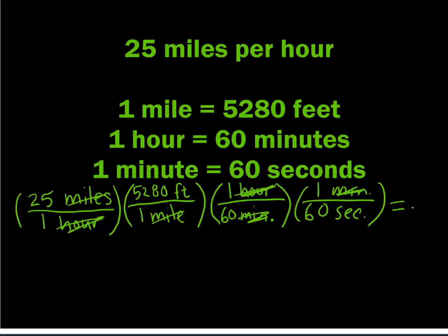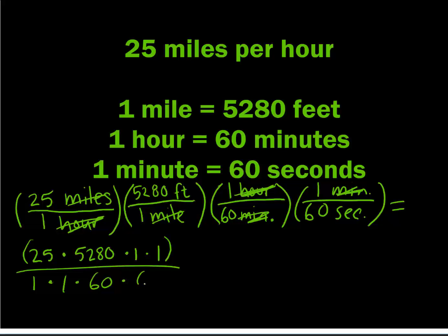So as we do the multiplication along the top, we have 25 times 5,280 multiplied by 1 and multiplied by 1. So let's do that. 25 times 5,280 times 1 times 1 again. That's going to be on the top. And then on the bottom, we have 1 times 60, and then times 60 again.